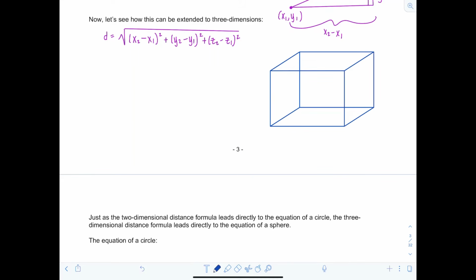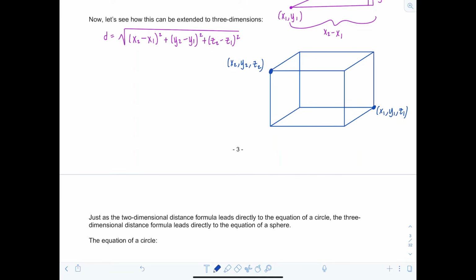And I'm going to label them in such a way that I know all of the coordinates are distinct. So the x coordinates, y coordinates, and z coordinates will be different. So in order to do that, I'm going to call this point back here x1, y1, z1, and then this opposite vertex over here, x2, y2, z2. So I know that the x coordinates are different, the y coordinates are different, and the z coordinates are different.